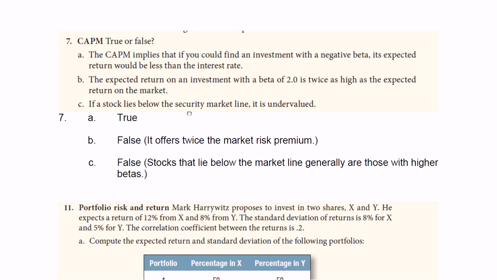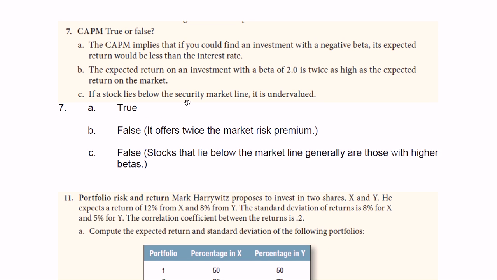Question 7. The following descriptions about CAPM are true or false. A. The CAPM implies that if you could find an investment with a negative beta, its expected return would be less than the interest rate. That is true, because the expected return is the risk-free rate plus beta multiplied by the risk premium.